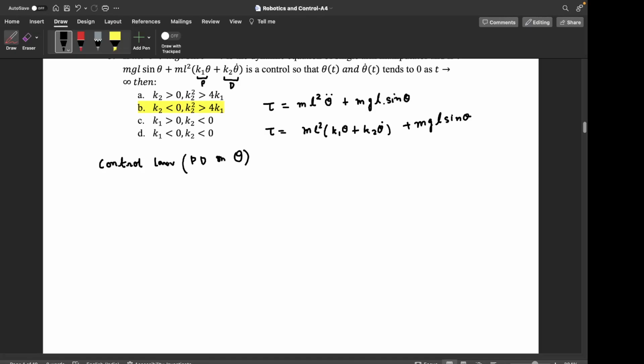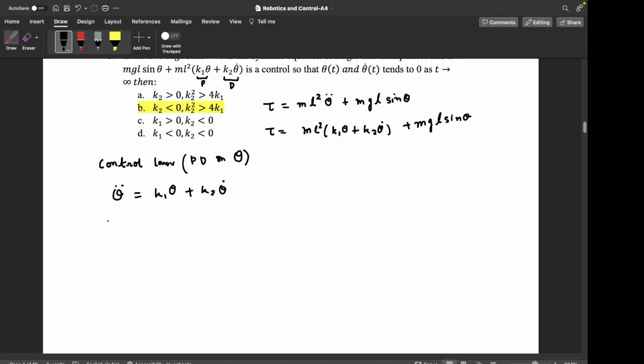And if you compare these two equations, you can see that theta double dot we are writing as k1 theta plus k2 theta dot, right? So theta double dot is k1 theta plus k2 theta dot, right? All okay till now?